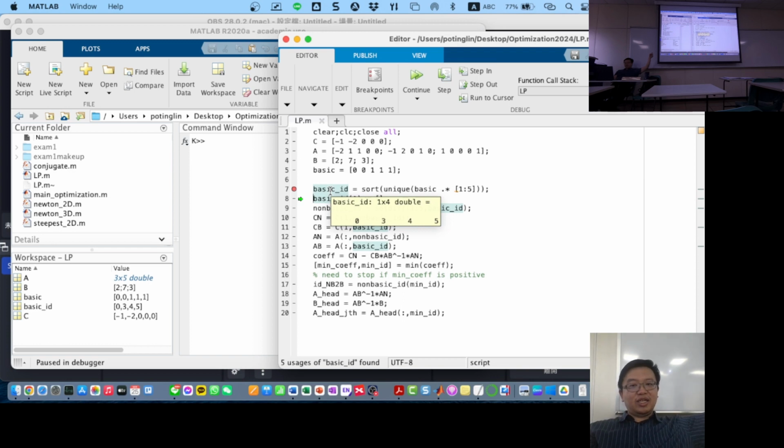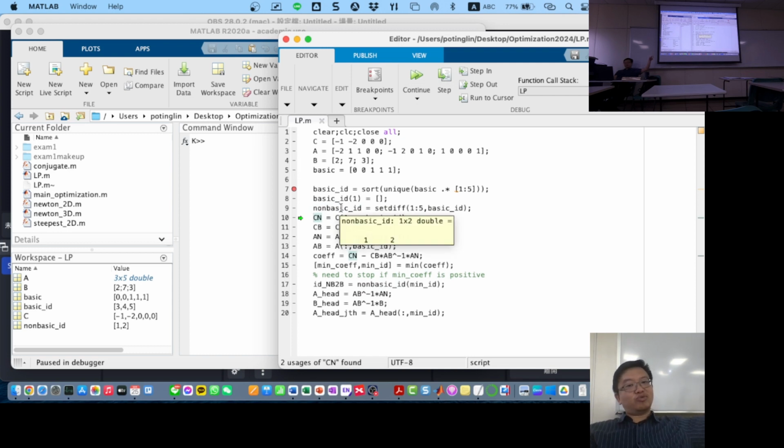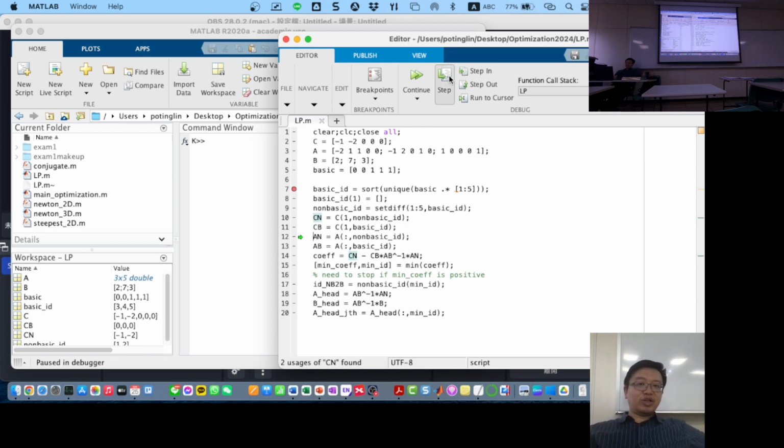And then I eliminate the first one because there's always a 0. So after eliminating the first one, I realize the basic ID is 3, 4, and 5. So non-basic will be using the set difference. I get 1 and 2. So CN, CB, AN, AB, I can compute effectively using those IDs.